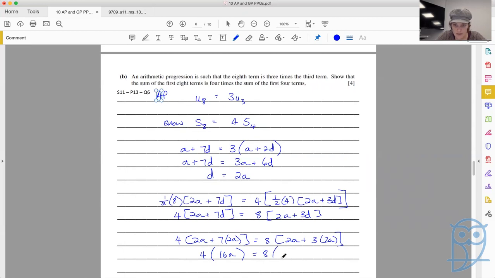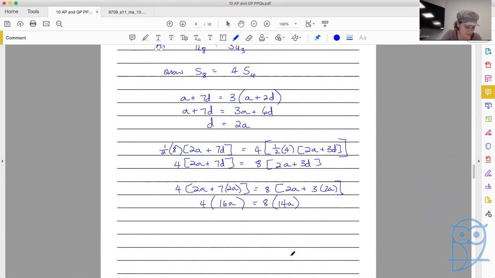And here we have 8 times 2 plus 3 times 2, which is 14a. Are your fingers tightly crossed? This is 64a. And this is not.